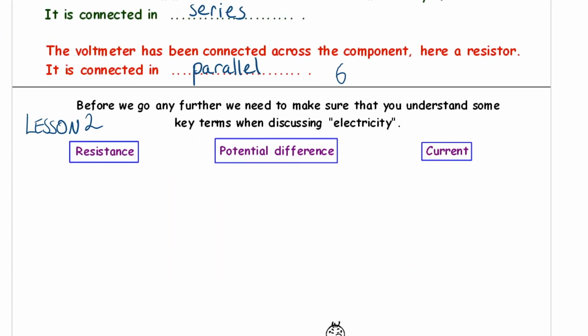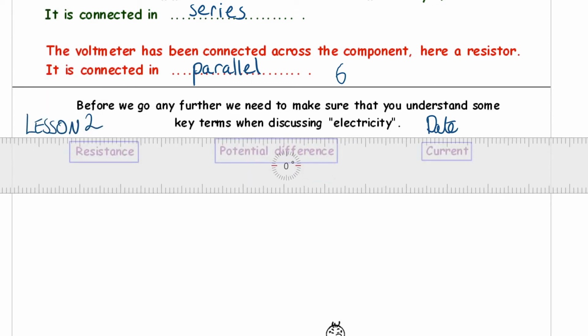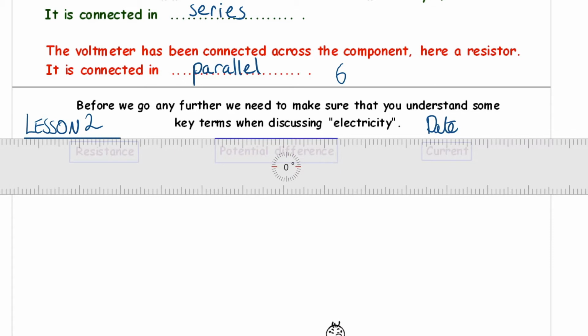So, back to your booklets. Please put today's date and lesson 2 at the top of page 7 and of course underline.